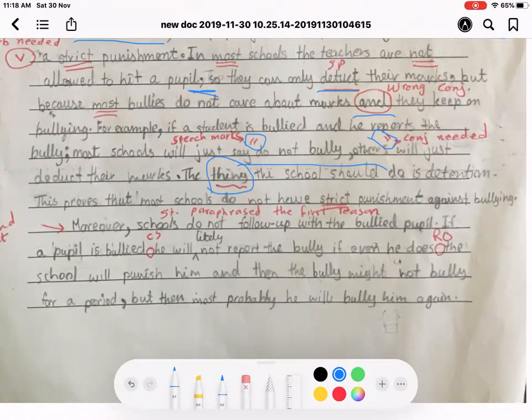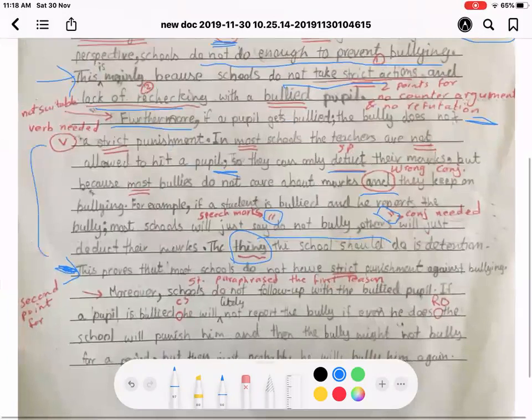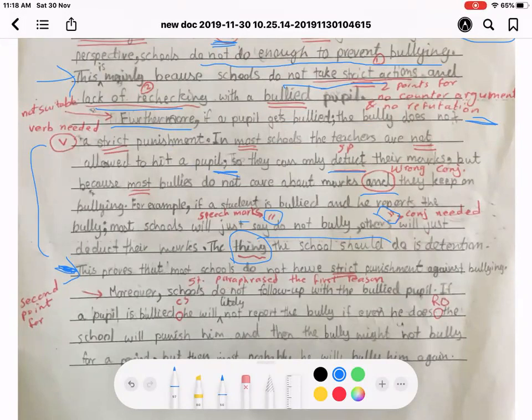"This proves that most schools do not have strict punishment against bullying." Now the student is linking paragraph 1 to the thesis statement, which is quite brilliant and amazing as well. So, evaluation for body 1: the student has some convention mistakes like the speech marks, the word "thing", improper use of conjunctions, a spelling mistake, and the first linker here, "furthermore".